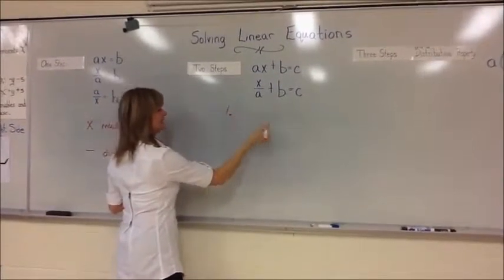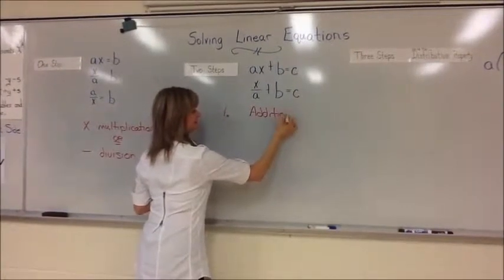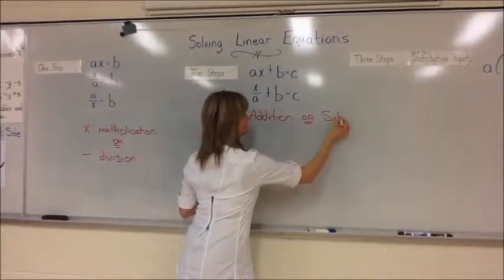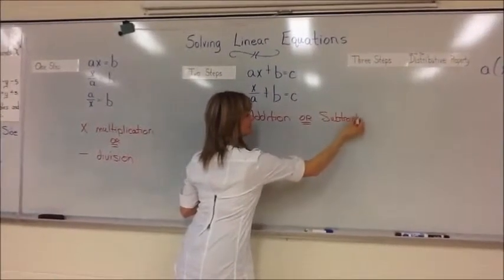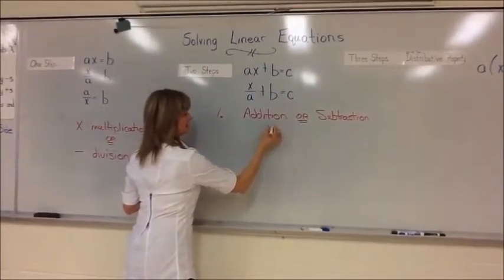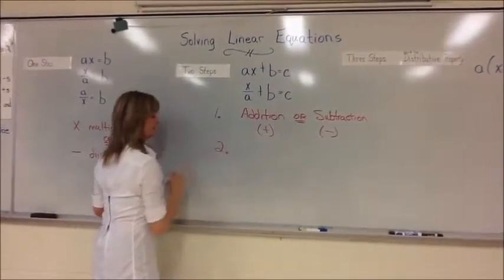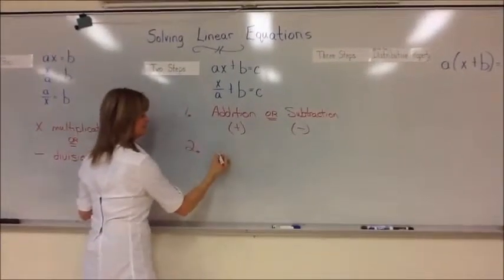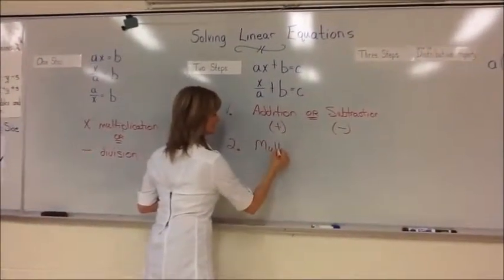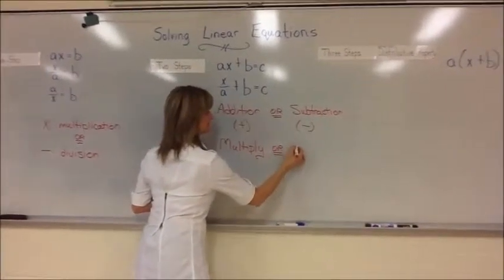The first one being either addition or subtraction to zero out your number. And then from there, your next step is to go back to step 1, your multiplication or division.